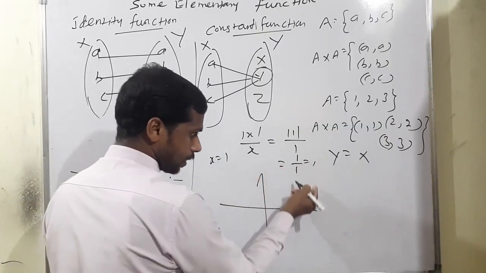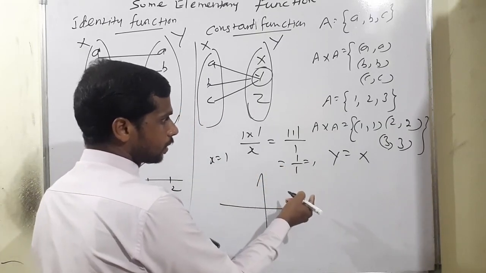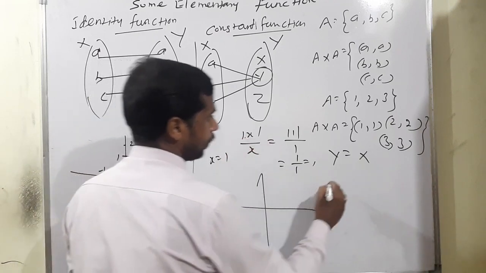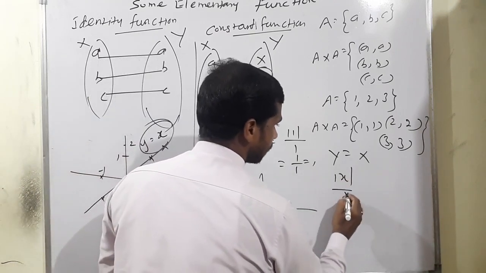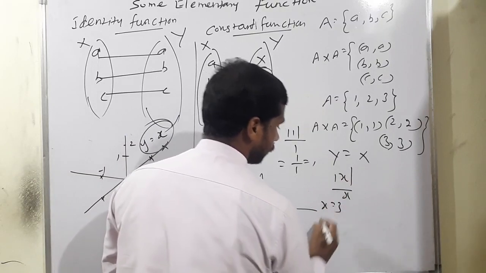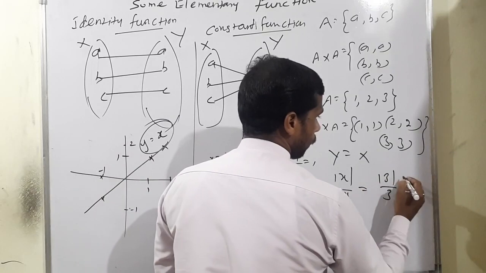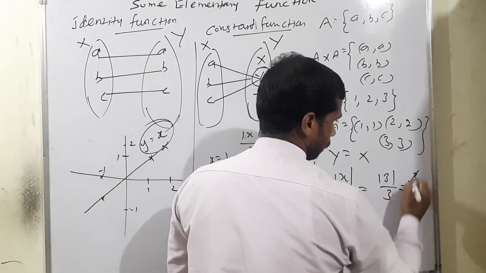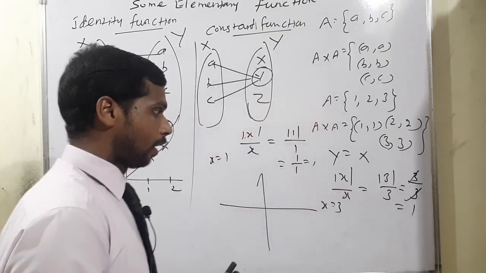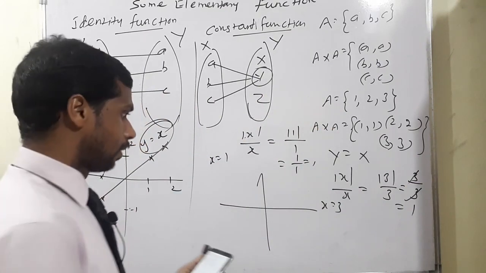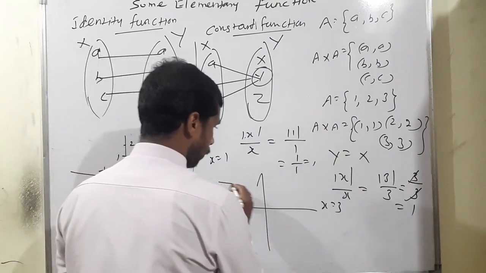The constant equates each and every answer. If we take x is equal to 3, the same function modulus x by x, then modulus of 3 by 3. Modulus of 3 is 3, 3 by 3 cancels and 1 will come. Therefore modulus of x by x gives one constant term.